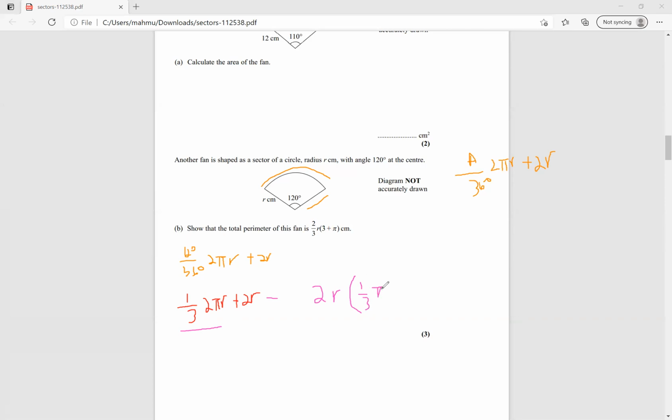Yeah. So 1/3 pi and plus, I've got 2r here, so I'm just going to put 1. Okay, so that will give me the first part, this part, and that will give me the second part, this part, right? First and second. Yeah. 1 and 2, so you need to number it. So that's the first part done, and now change the color again.